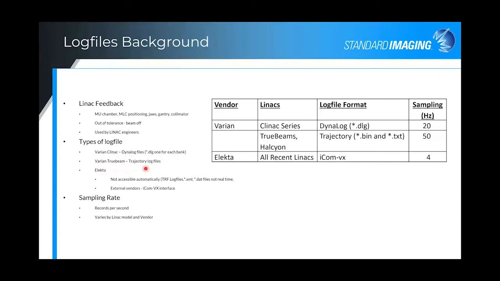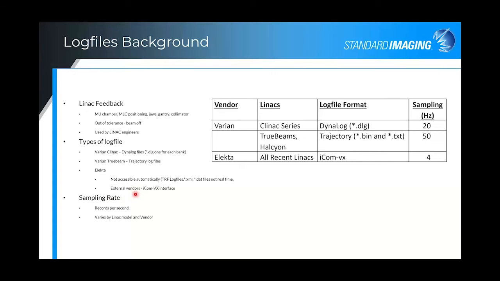The TrueBeam has trajectory log files, while the Clinac has TRF log files, but those are not accessible by external vendors. They can be accessed after treatment and manually exported, but we are set up in LinacView to be a real-time system so that you want to be getting those log files right away.